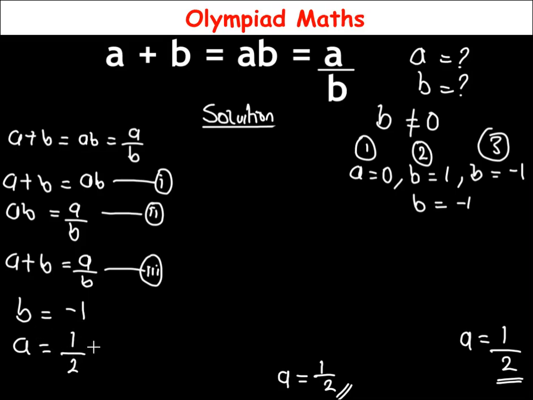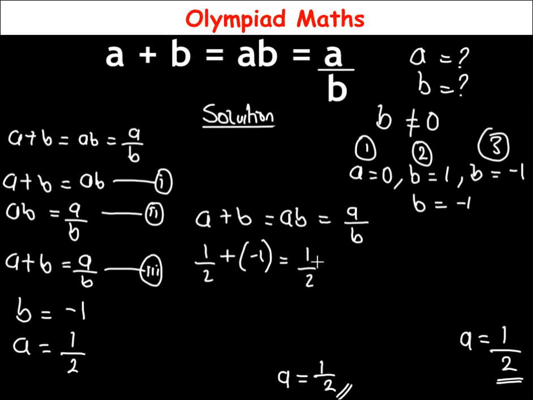Okay, now let's check if these values of b and a that we got can satisfy the given equation. We're given that a plus b is equal to ab, which also equals a over b, right? Now a is half, so 1 over 2 plus b, which is minus 1, is equal to 1 over 2 times minus 1, which equals 1 over 2 divided by minus 1.